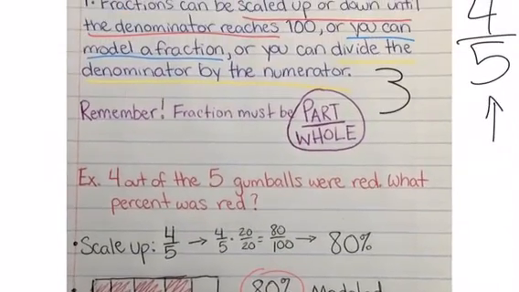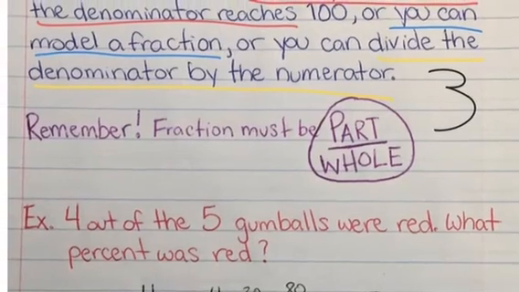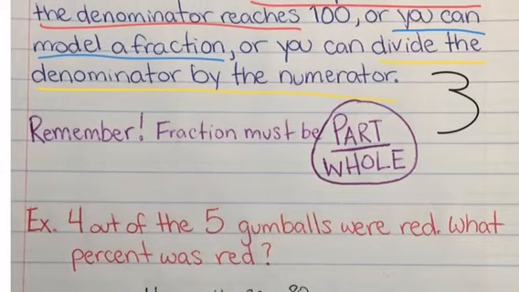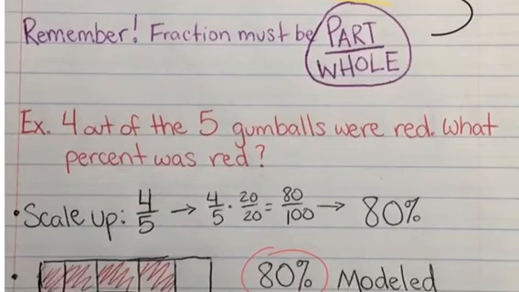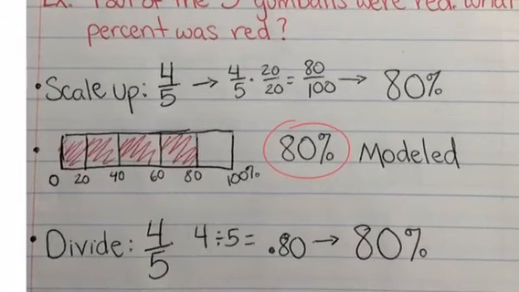So finally we are going to look at our third technique that we've underlined here in yellow. Third technique is you can divide the denominator by the numerator. So if you recall, our fraction is 4/5. We know that, 4 out of 5.